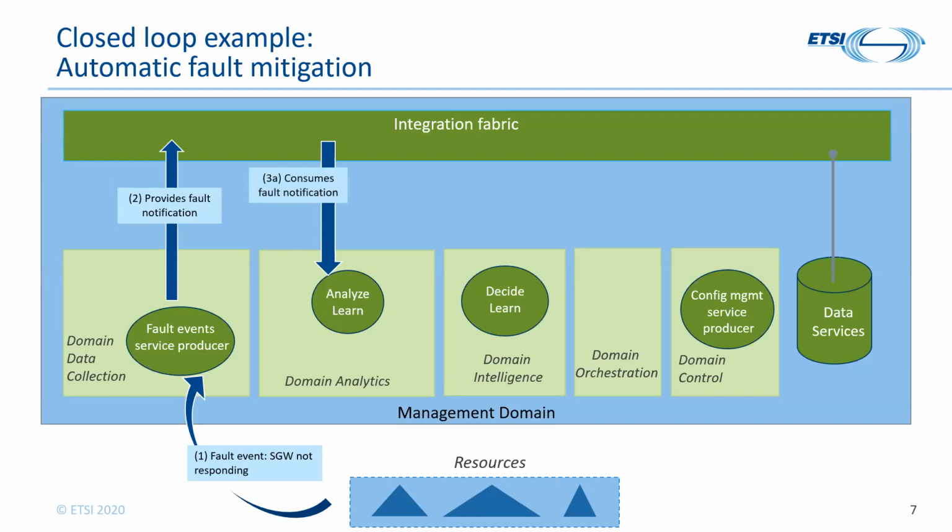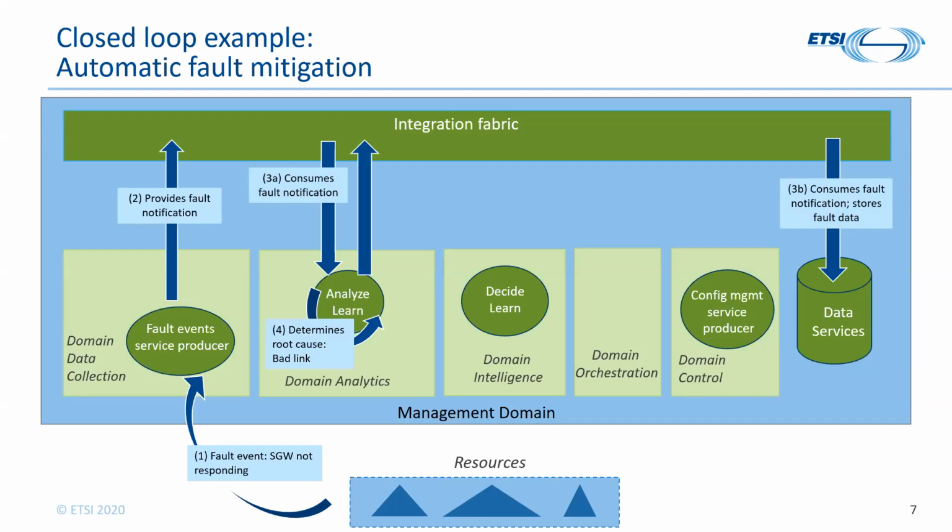The domain analytics consumes the data from the integration fabric for further analysis, and the domain data services also receive the data for storage and other big data purposes. Based on input from AI and machine learning, domain analytics determines the root cause of the issue, which in this case is a bad link.